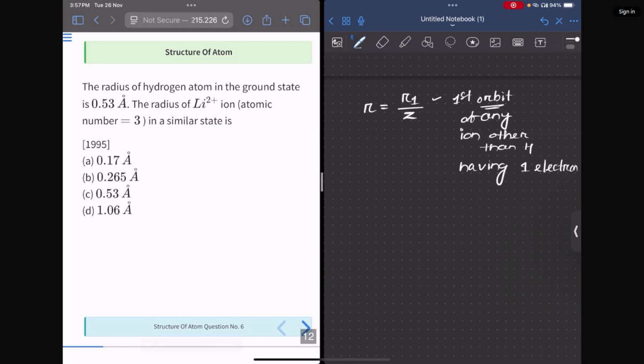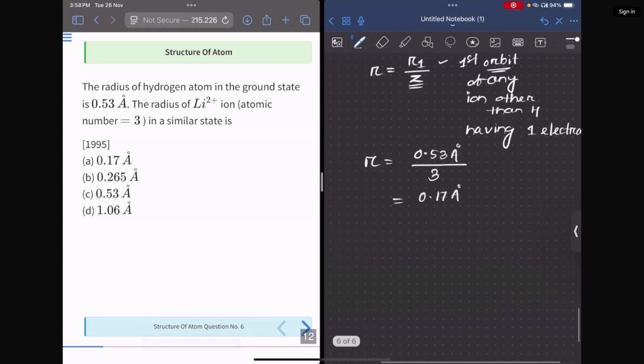So let's find out for lithium. R is equal to R1 of hydrogen, that is 0.53 angstrom, divided by Z. What is the Z value of lithium? Z means atomic number. The atomic number given is 3. So the answer will be 0.17 angstrom.